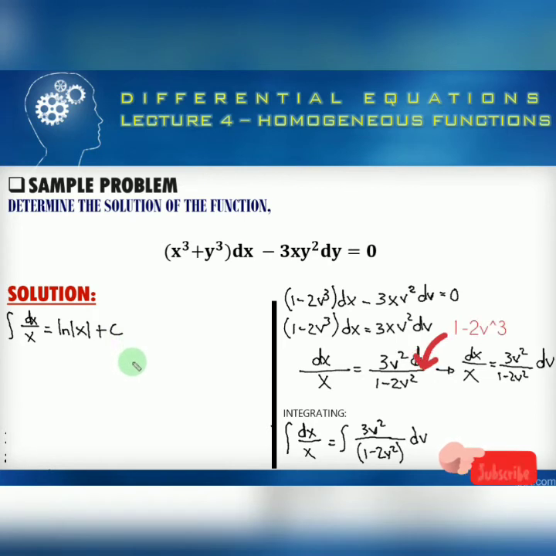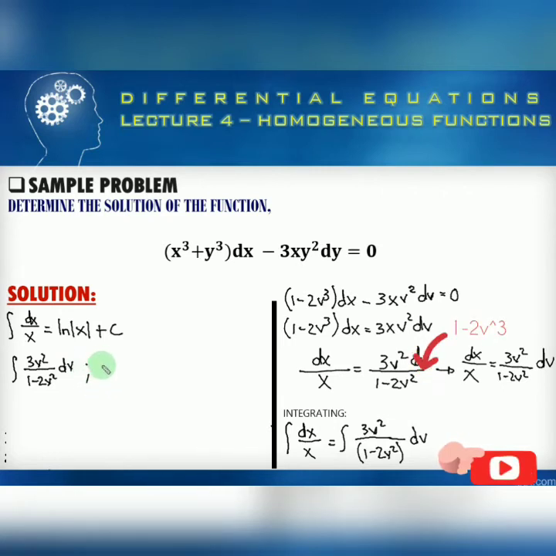So you have to remember your integral calculus. And for this one, we have also the integral of 3b squared over 1 minus 2b squared db.